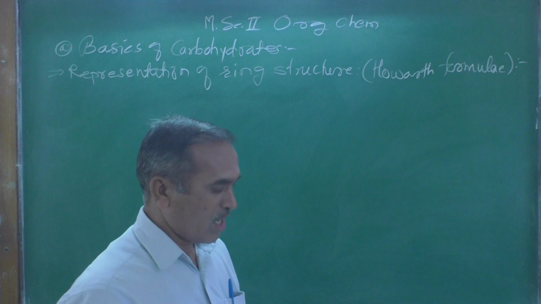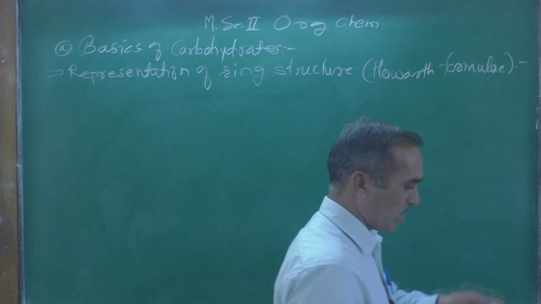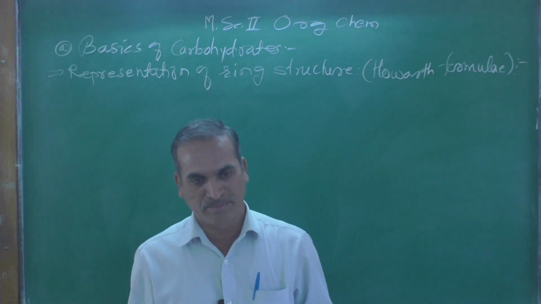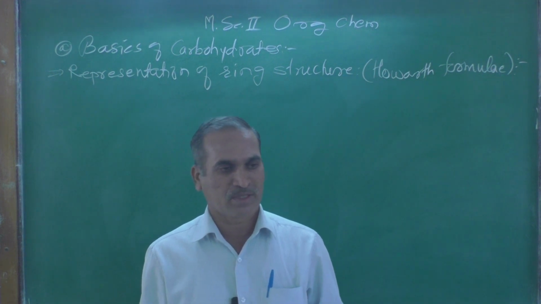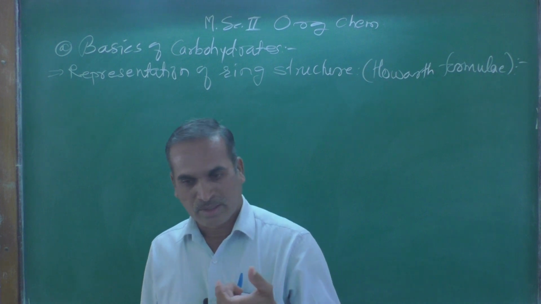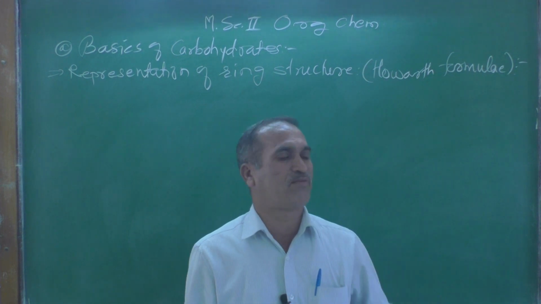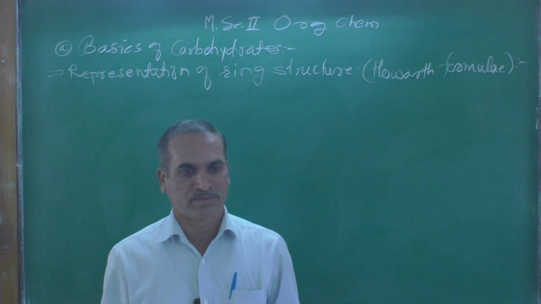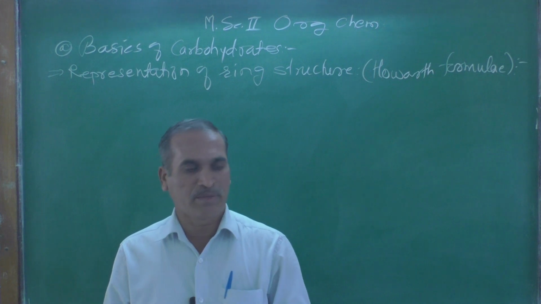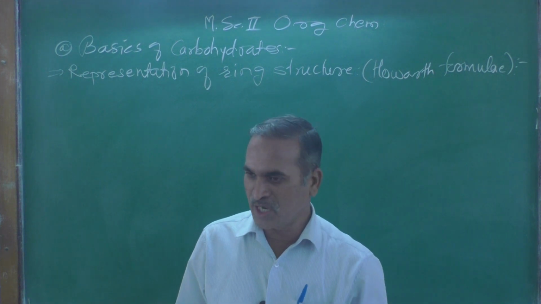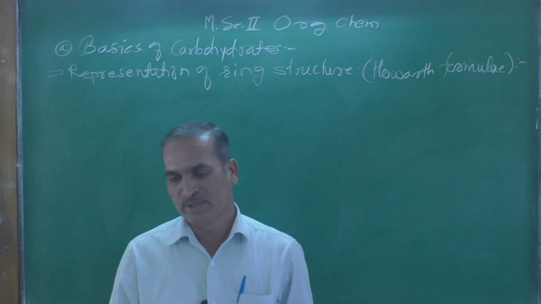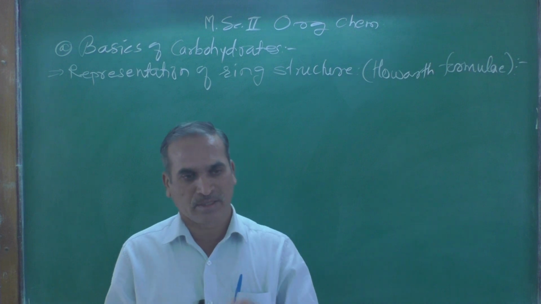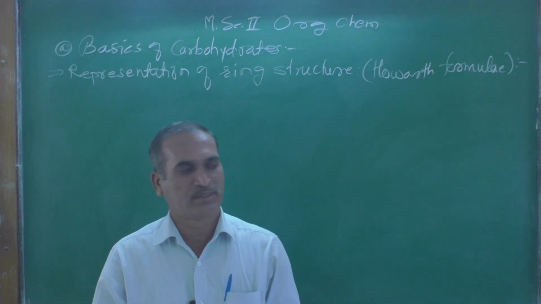How is the Haworth formulae better than the Fischer projection formulae, and how does this cyclic form of glucose exhibit all the types of reactions which we have learned by considering the Fischer projection formula?